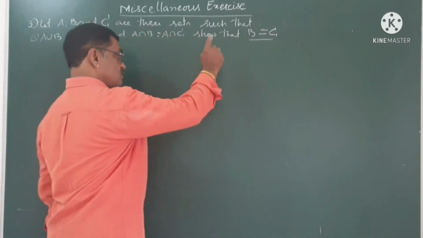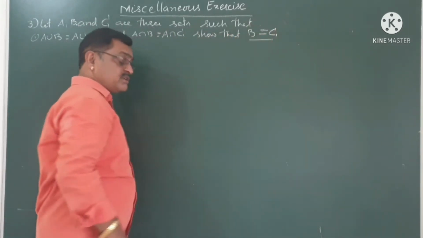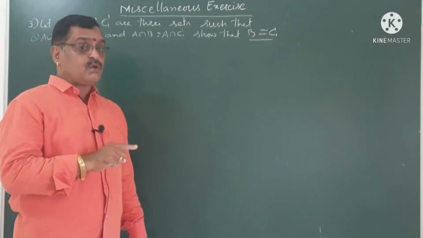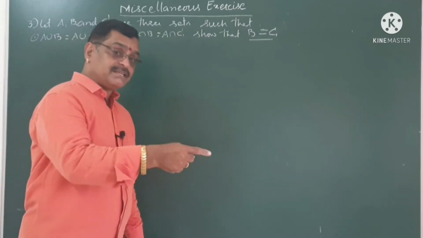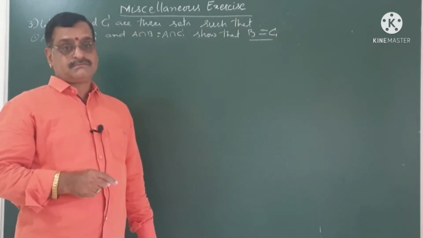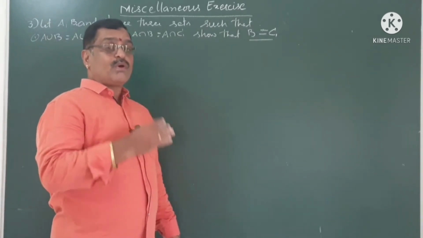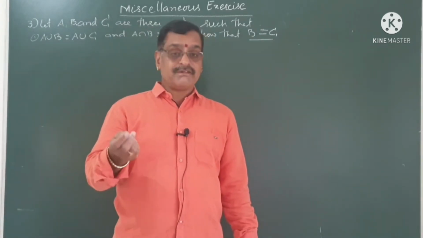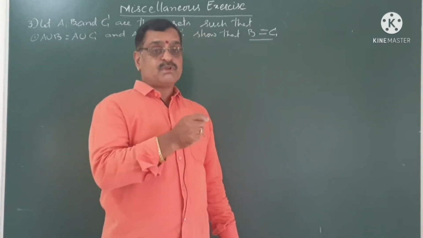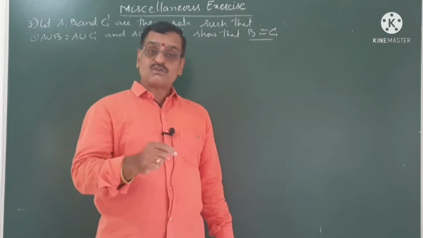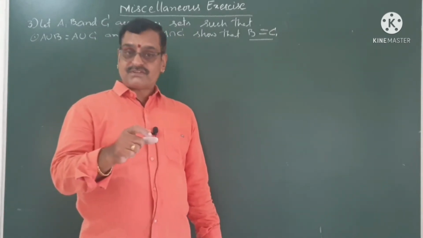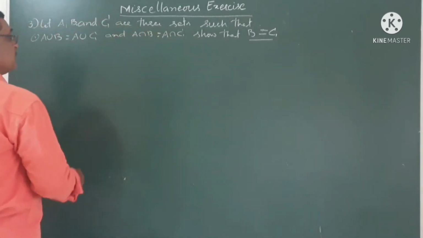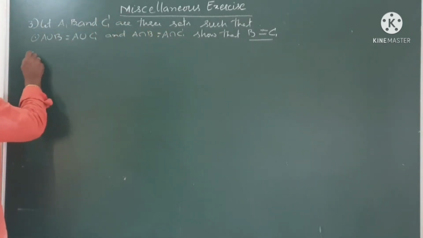So here you have to show B is a subset of C, as well as C is a subset of B. Again, how do you show one set is a subset of another set? Very simple. If x belongs to the first set, you have to show that x belongs to the second set.